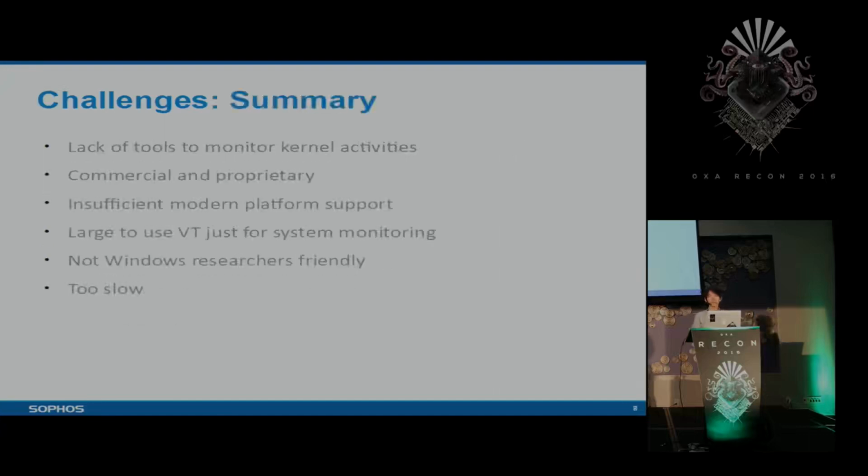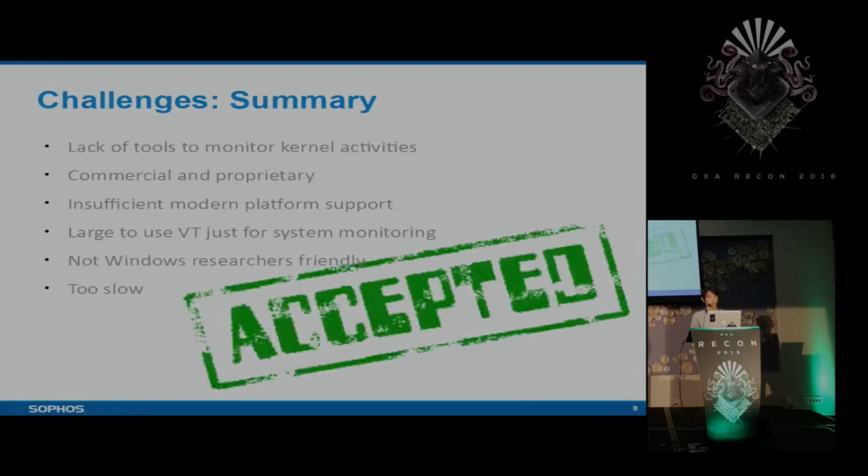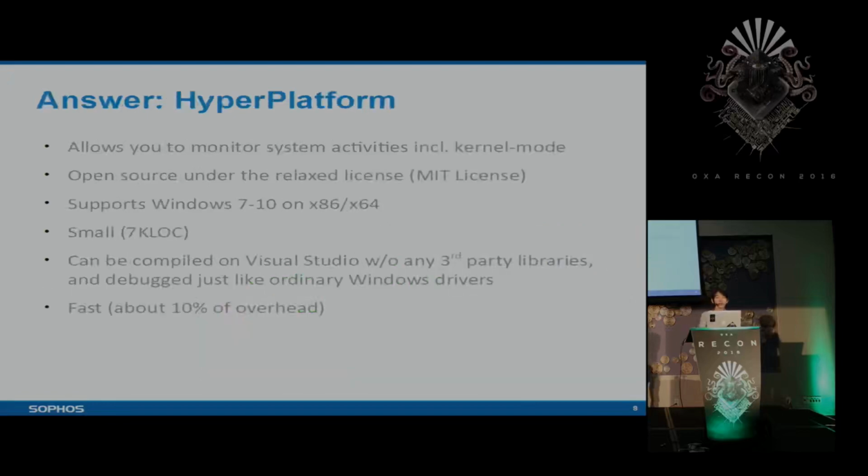To summarize, this is our list of challenges we believe we should tackle, and we believe the community needed a solution to it somehow. So we decided to work on these problems. As a solution, we developed HyperPlatform.